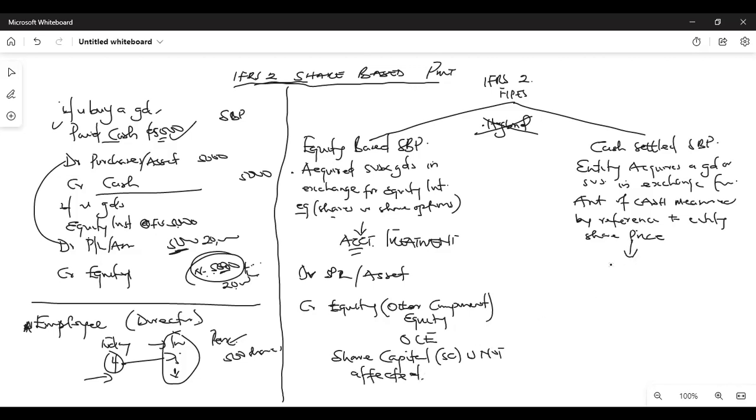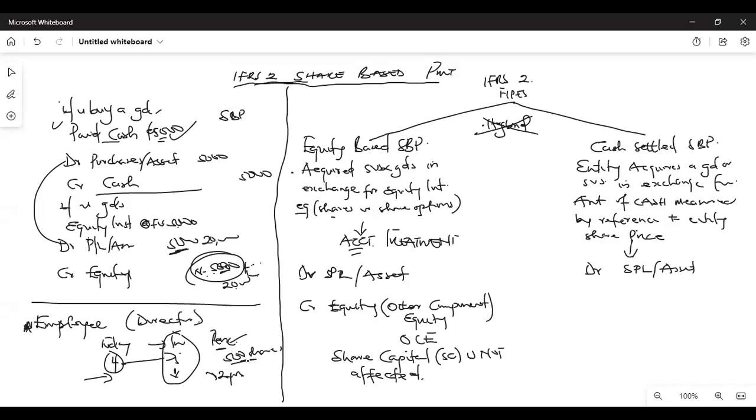But over here, what we are trying to say is that I've bought the thing, so I will debit my SPL, or if there is an asset, the asset. But I'm not going to pay you the cash now. I will say that what I'm going to pay you is the fair value of my price. So you create a liability. So let's say you sold the thing, and instead of paying the person, you say, I will pay you in, let's say, two years' time, and the price I will pay you will be the value of my share price.